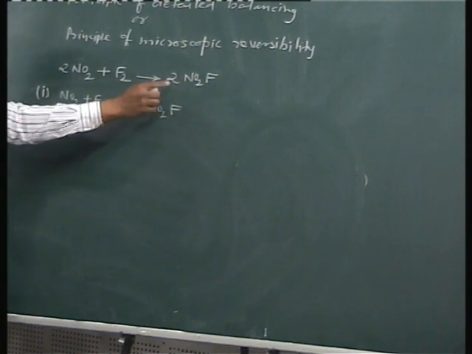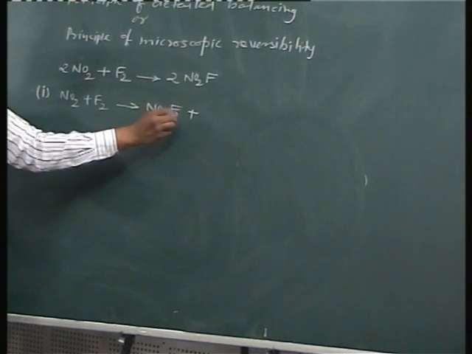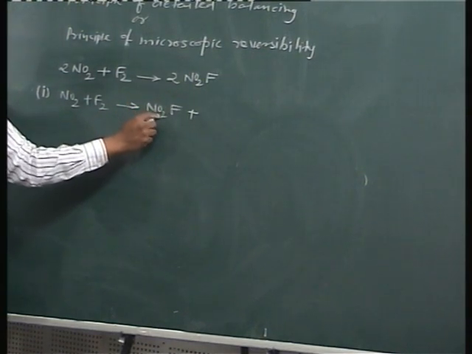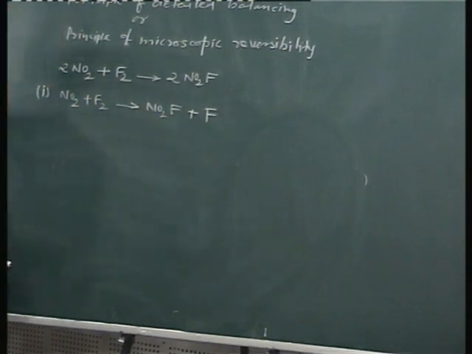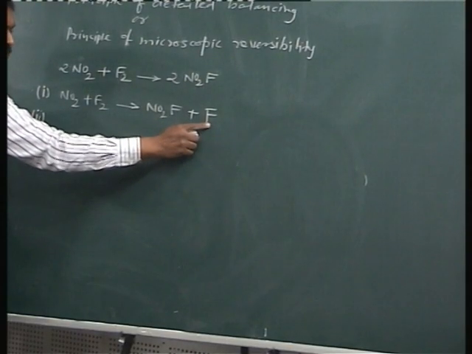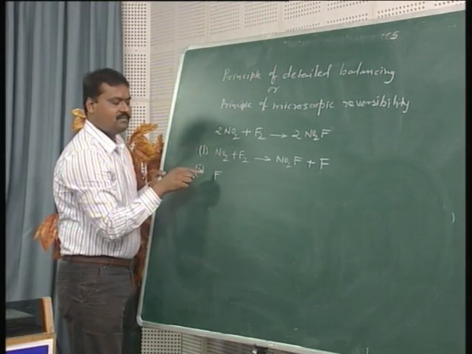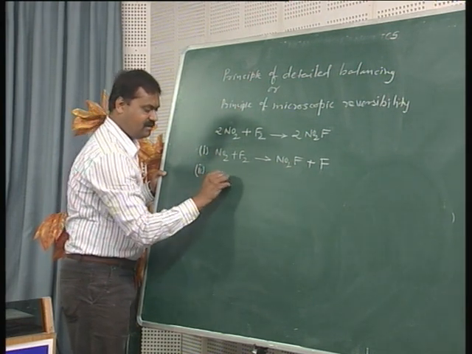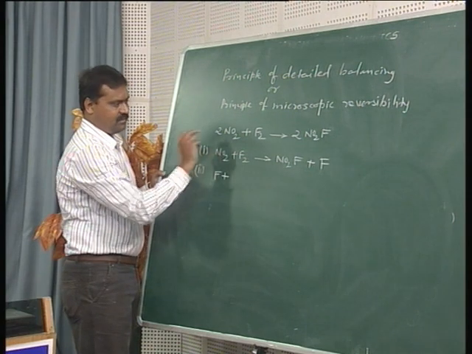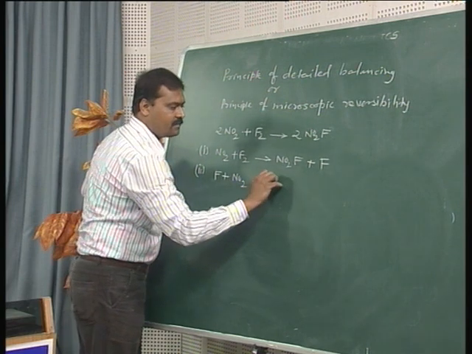NO2F is the desired product, and the stoichiometry says that along with this desired product, that is NO2F, something else will be formed, and that something else will be F. The second step of the reaction is, as this is the intermediate product, it will react fast, so as soon as it is produced, it will be destroyed in the next step, so it will act as a reactant for the next step, that is F. Now the remaining NO2 is there, so F plus NO2 gives NO2F.